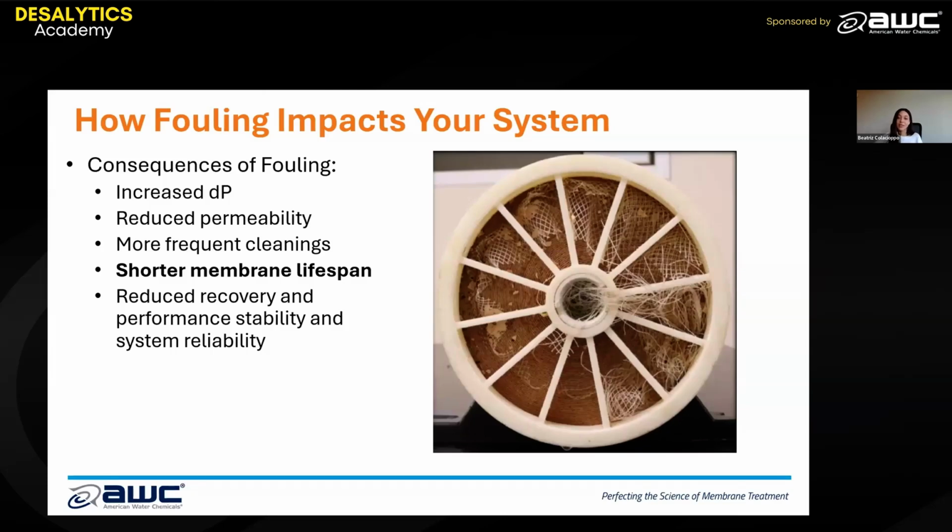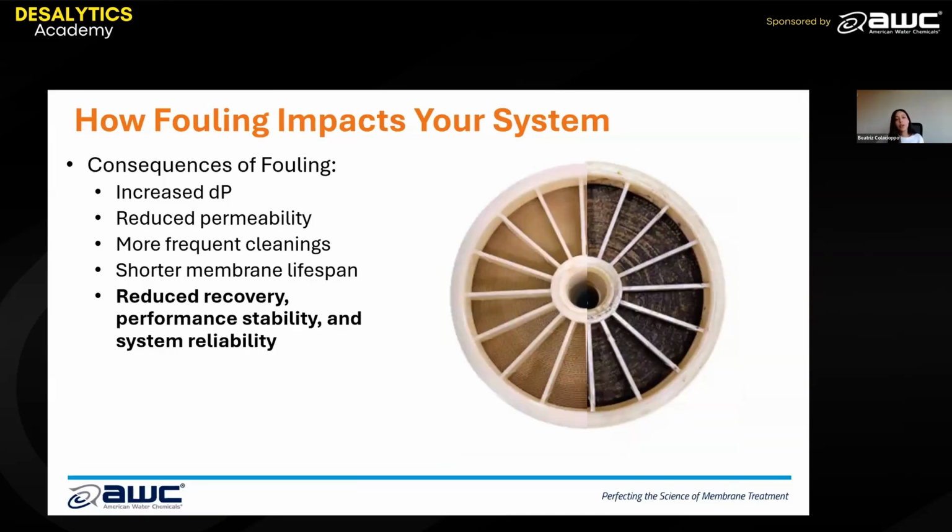The problem here is, even if you were to clean this membrane and remove all of the biofilm, now it's not a membrane you can really use, because what kind of permeate will it produce? So it's important to prevent early to not have to shorten your membrane's lifespan. The overall issue here is we're reducing recovery or stability of the system, and more importantly, reliability in your system too, because you can't rely on it to run efficiently and actively all the time.